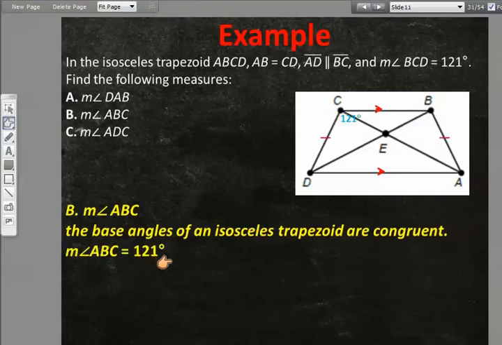The measure of angle BCD is 121. Since base angles are congruent, this angle right here is 121, so ABC is also going to be 121 degrees.